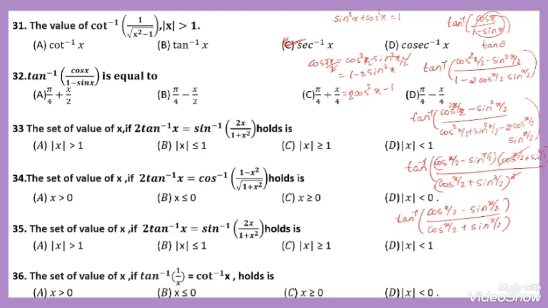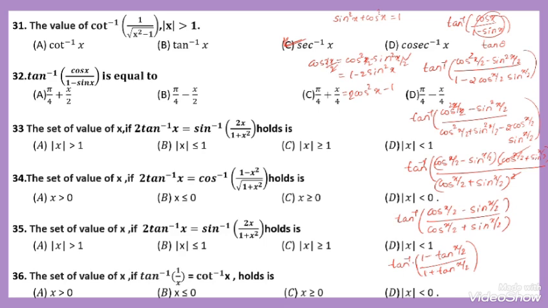Here I can divide the whole expression by cos. Then it becomes 1 minus tan x by 2 divided by 1 plus tan x by 2.